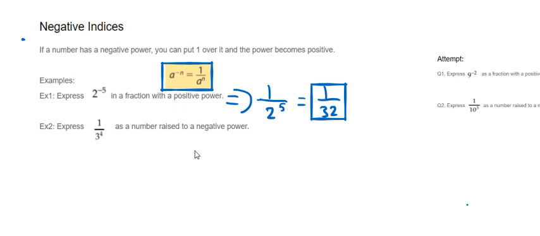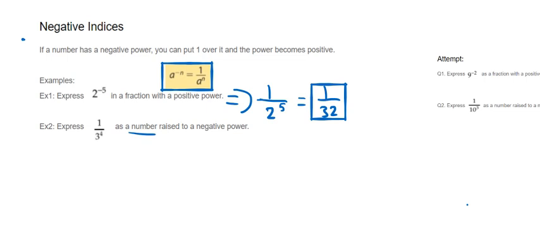The second example here: express 1 over 3 to the power of 4 as a number raised to a negative power. Really this is almost the law in reverse, so it's like we're going backwards. The aim is to write it as a number this time raised to a negative power.